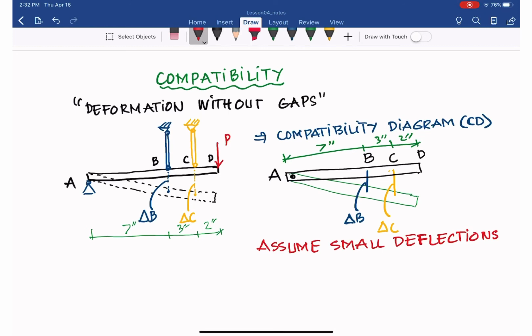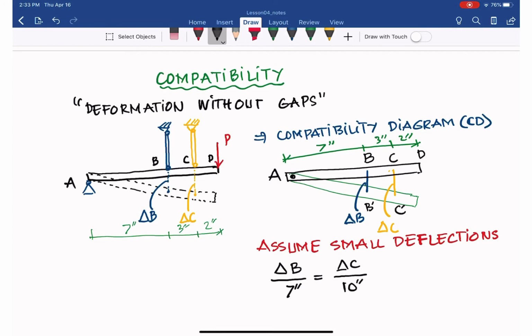We can have delta B over 7 inches to make it possible. So we have similar triangles, right? A, B, B apostrophe, A, C, C apostrophe. They have to be similar triangles. So we can have that equal to delta C over 10 inches.